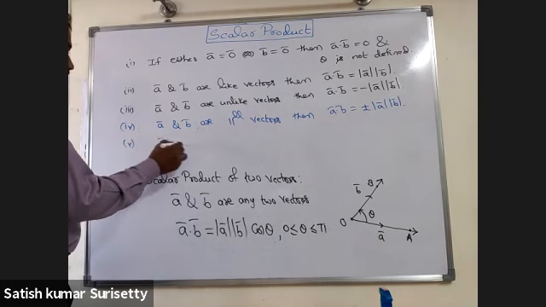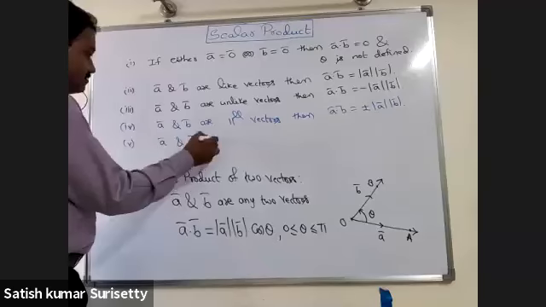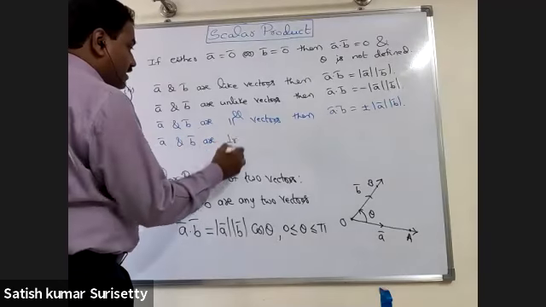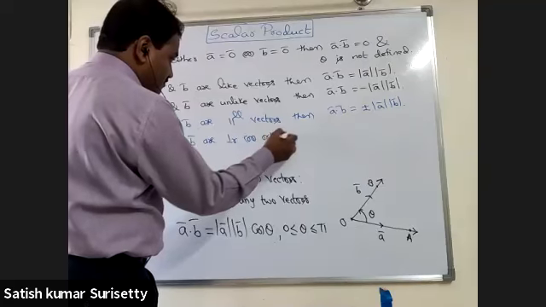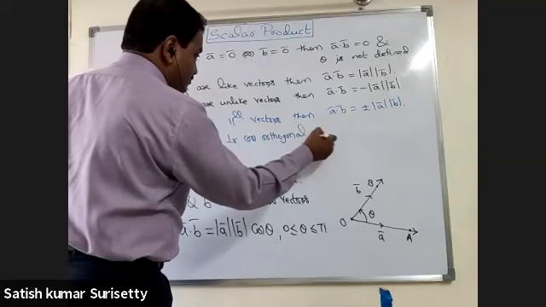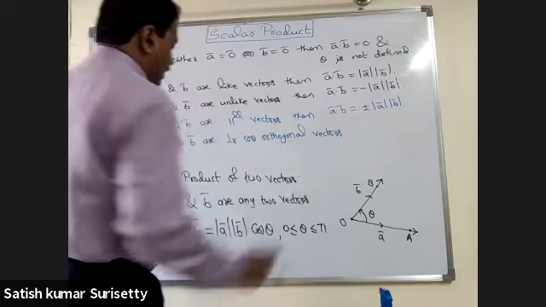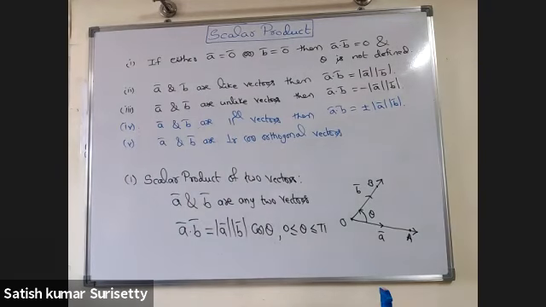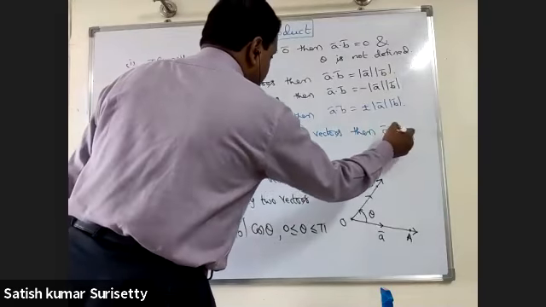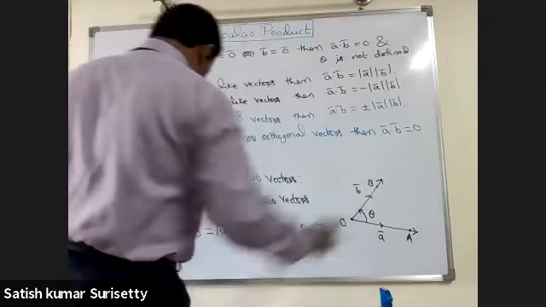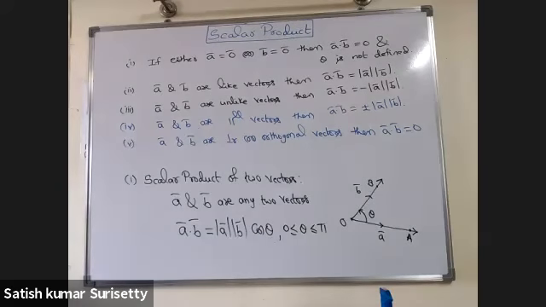Fifth, A bar and B bar are perpendicular, another name is orthogonal vectors. Then A bar dot B bar equal to 0 because theta is 90, so cos 90 is 0.